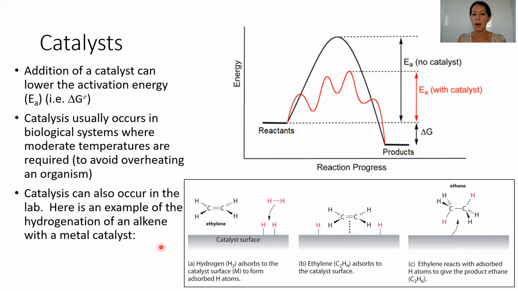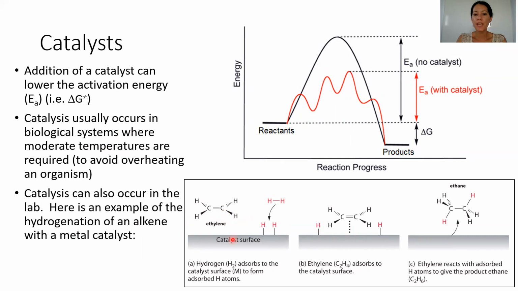In the lab, I want to show you one example. You can add HH across the alkene bond here, the double bond. But that is hard to do sometimes. So a catalyst that helps are certain metals like platinum or palladium.